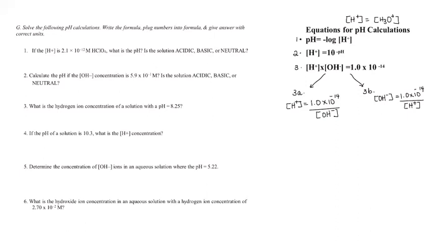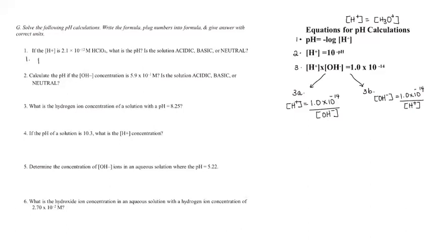In problem 1, we were given the H plus concentration and we're trying to find the pH. Let's put in the chat, what equation do I need? 1, 2, 3A, or 3B? Excellent. We are calculating pH, so we need equation number 1.